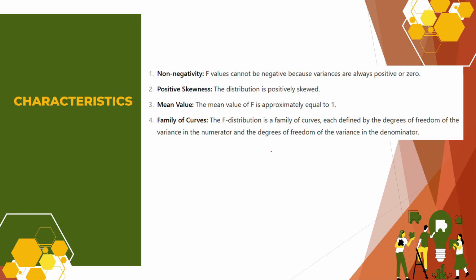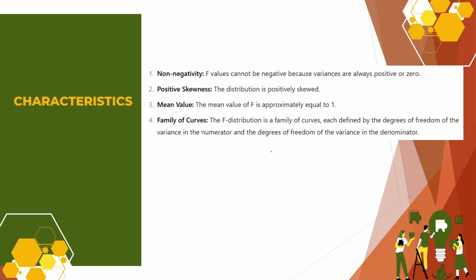Here are the characteristics that we need to know about the F distribution. The first one is non-negativity. F values cannot be negative because variances are always positive or zero.